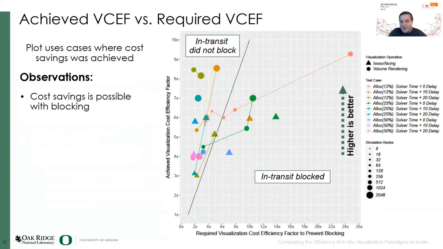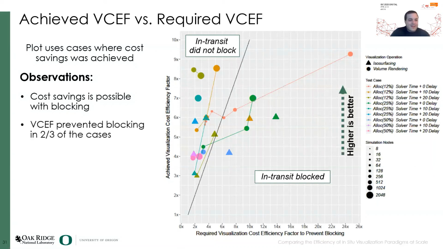However, in order to not block the simulation, we needed a 25x VCEF value. So that was a huge difference between what we got versus what we needed, but because it was so much less efficient inline, in transit was still able to be more cost efficient.